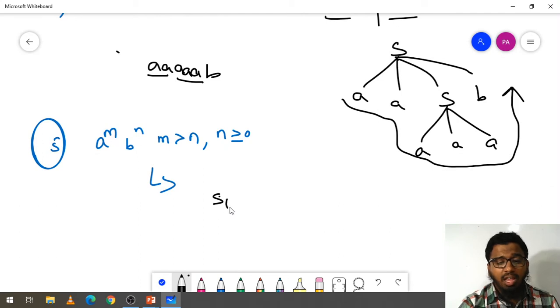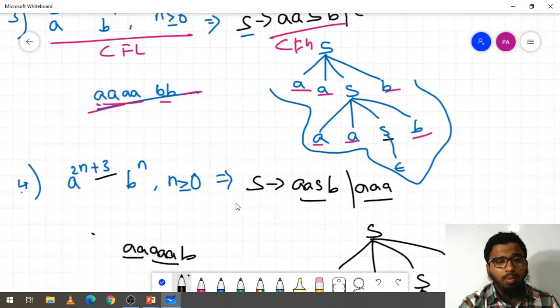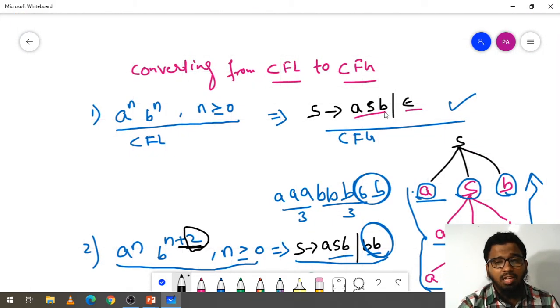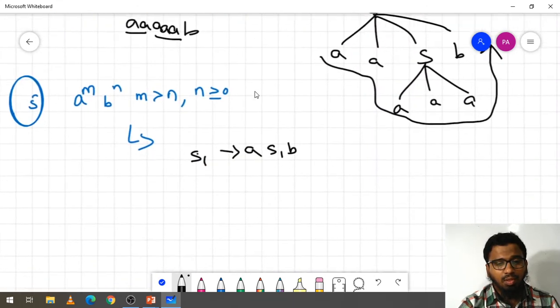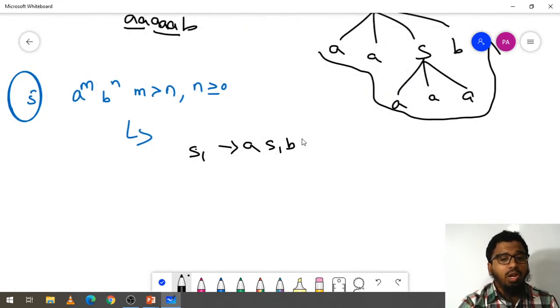I am taking S1. What is the first? A, S1, B. If you remember the first one, here it was a S b, but I am taking S1. Why I am taking S1, you will now understand. A, S1, B. If you do this, it will not terminate.